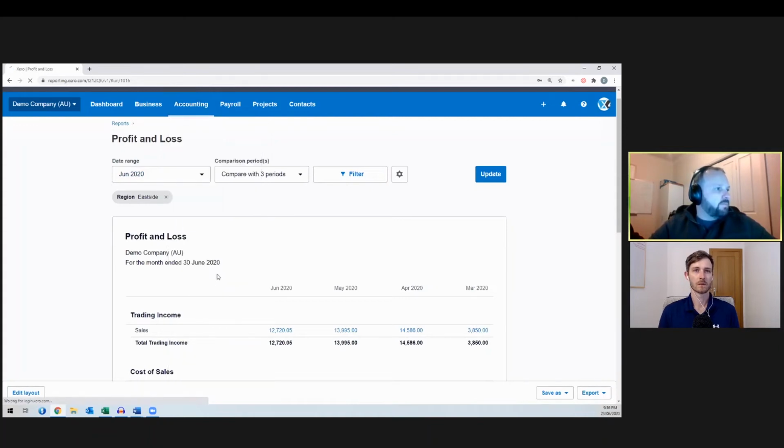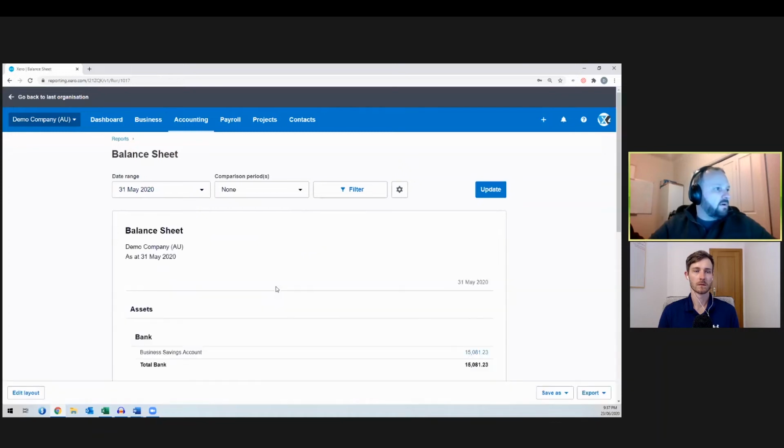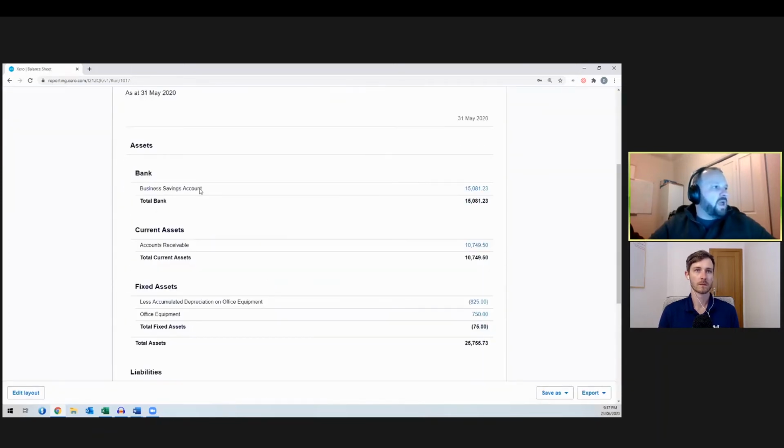So let's look at a basic balance sheet. Don't get more basic than that. All right. So your bank, which is the money sitting in your bank account, and your accounts receivable. The accounts receivable, that's what we were talking about before, which is the money that's owed to the company.